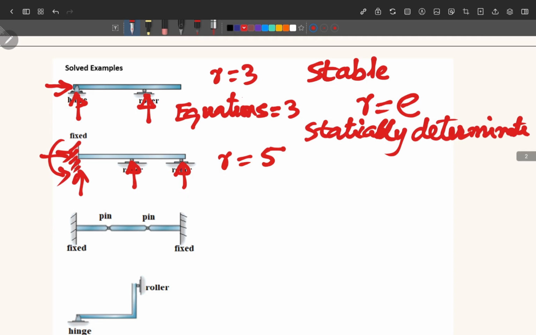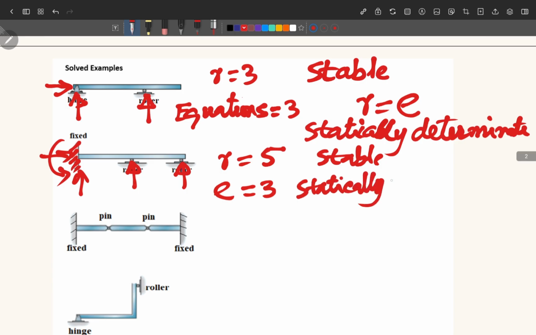R equal to 5, and equations equal to 3, because this is a single rigid body, and every rigid body will give you 3 equations. So we find that this structure has reactions more than the equations of equilibrium. Therefore, we can say that this structure is stable but statically indeterminate.